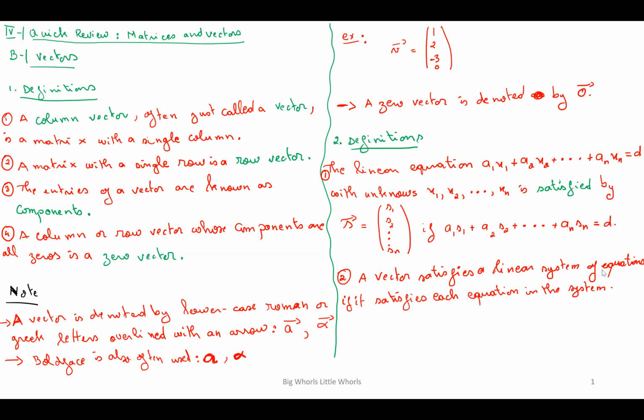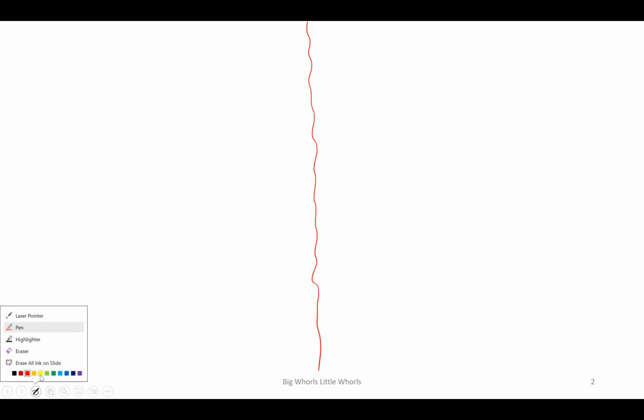Okay, so let me go to the next page and continue with number 3. Vector addition and scalar multiplication are very important for us to write the final form of a solution set. Vector addition, or vectors addition, it doesn't matter.